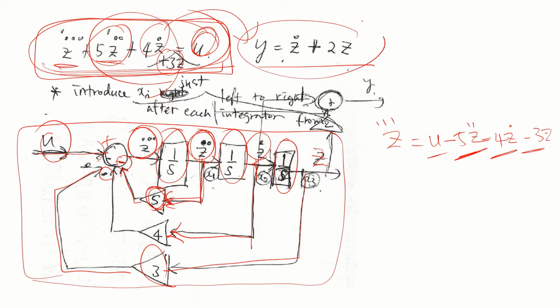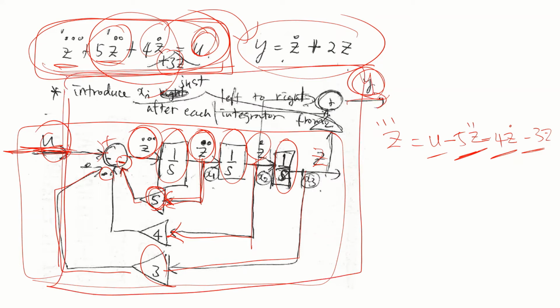And how about the second equation? And here comes y. You see, here is input u, and here comes output y. And basically, we try to relate this y and u. Now we try to find a block diagram that represents these two differential equations.